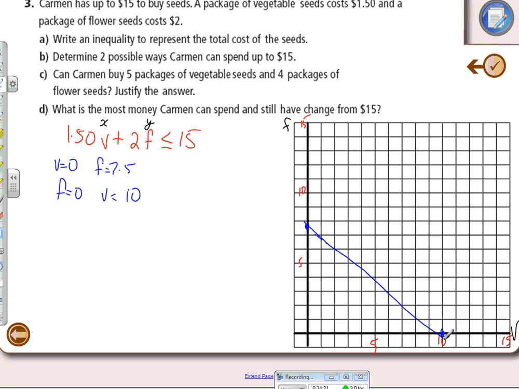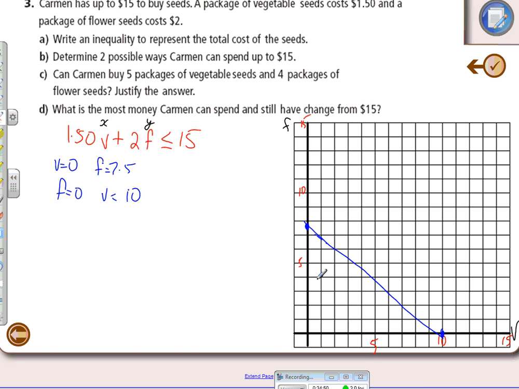Determine 2 possible ways Carmen can spend up to $15. Really what they're asking you for is what test points would work. Where would we be looking? If we can only spend up to the money, then it's going to be below the line here, because above is going to be more than what we have. So we're looking for things in here. Let's just pick one.